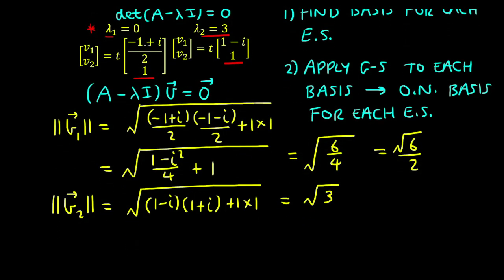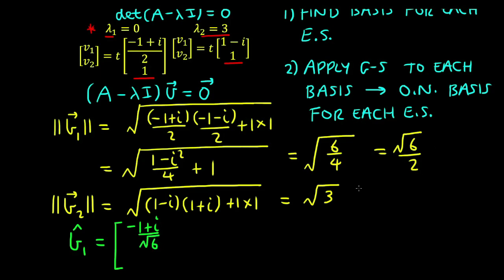And therefore, to obtain unit basis vectors, so we have B hat 1, we divide each component of the basis vector by the norm of the basis vector. So what we get is minus 1 plus i on 2 on root 6 on 2, which is minus 1 plus i on root 6.